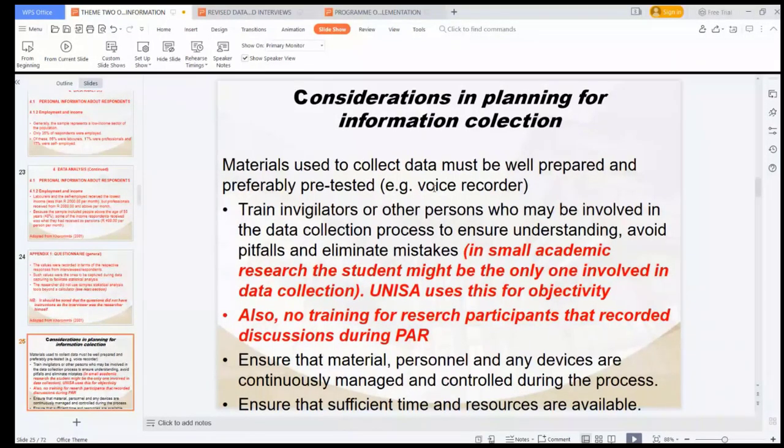Later on, I will show you that it's better to do your literature research before you do fieldwork, because it equips you to understand how to ask questions, because you have already identified the gaps in the body of knowledge with respect to the topic that you are doing.